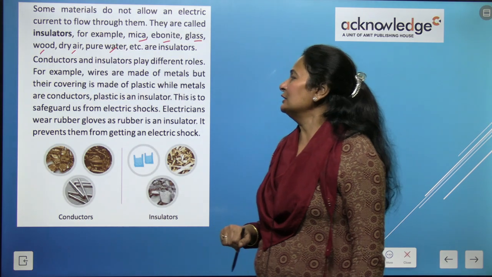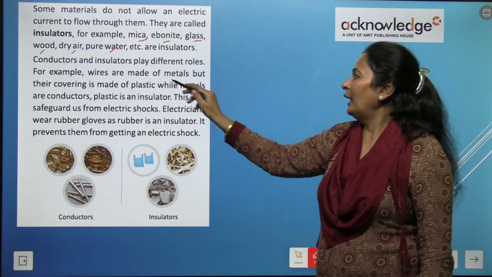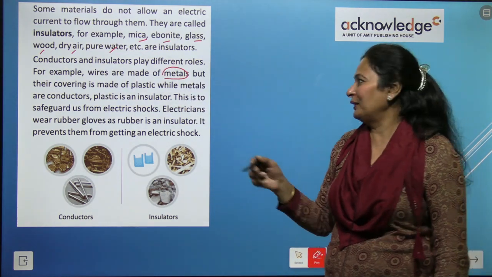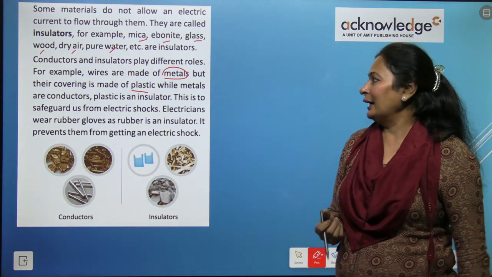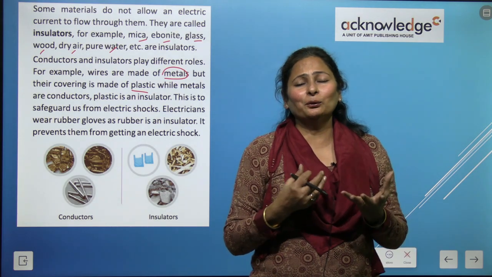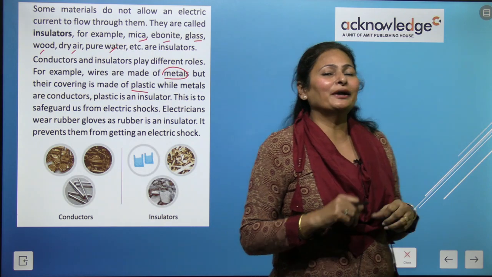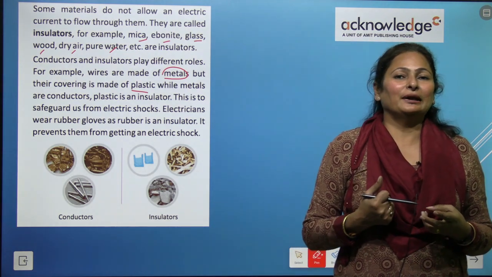So conductors and insulators play different roles. For example, wires are made of metals, but their covering is made of plastic, while metals are conductors and plastic is an insulator. Only then, when you touch the wires, you do not get shocked.